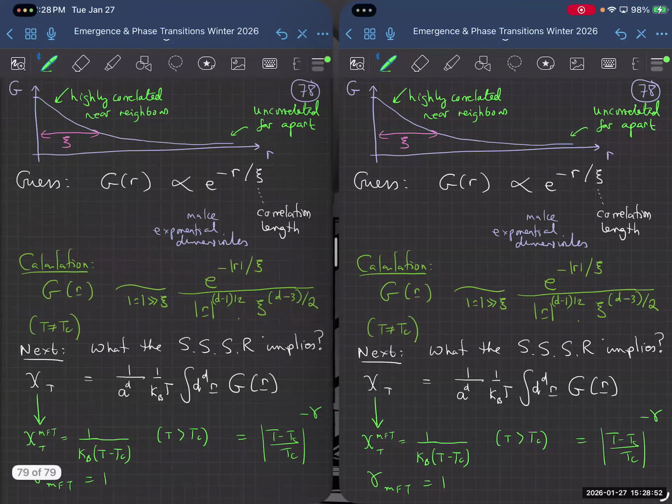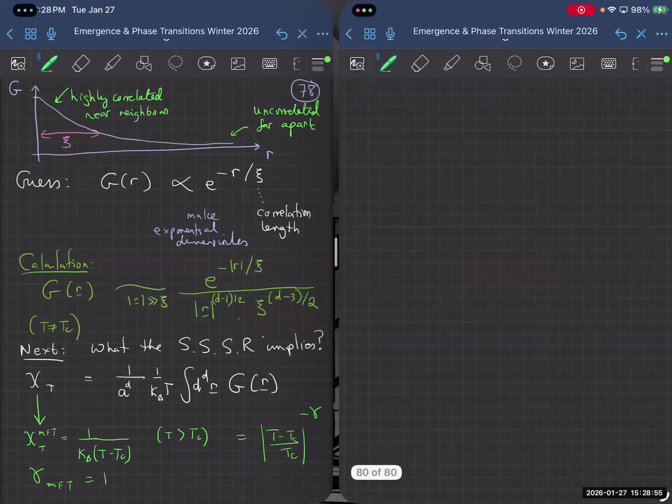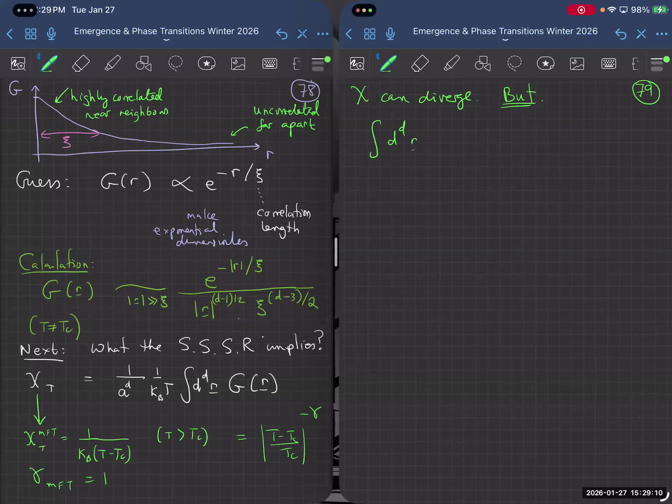So we know that this quantity, chi, can go to infinity. But we have a real problem here, because if I look at the integral d^d r of g of r, this thing is always convergent. Why is it convergent?